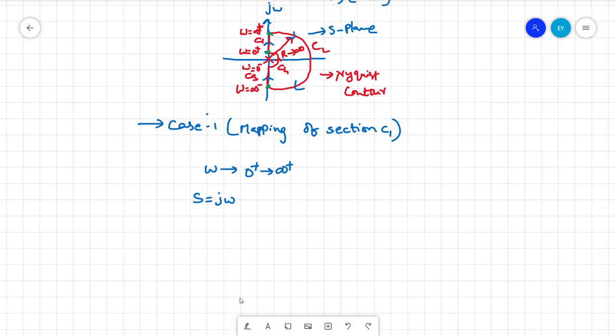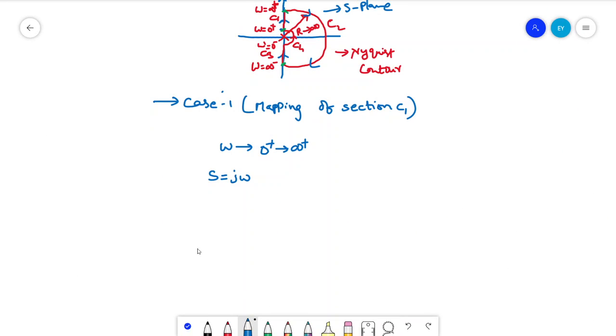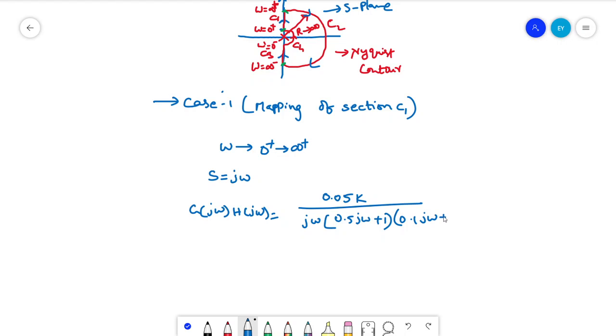What we get is g of j omega into h of j omega equal to 0.05 k divided by j omega into (0.5 j omega plus 1) into (0.1 j omega plus 1). This is how it will come.